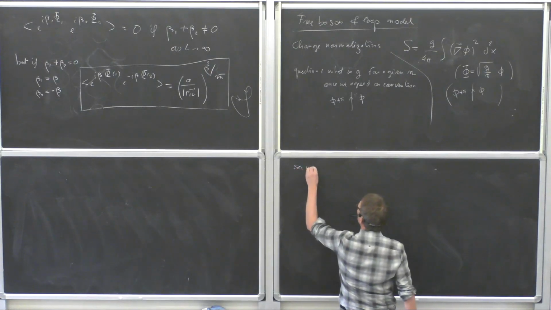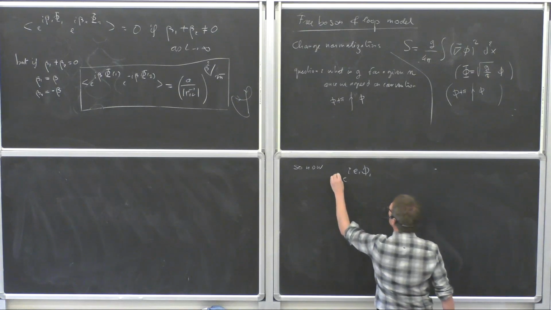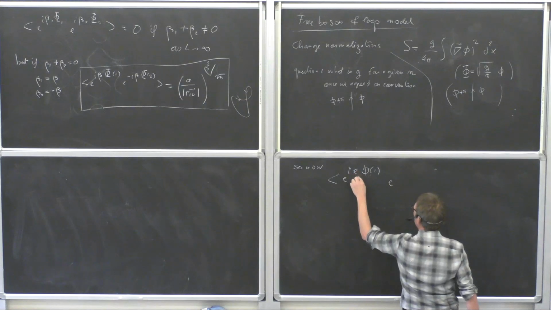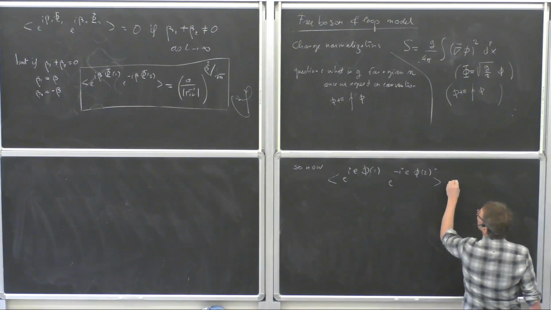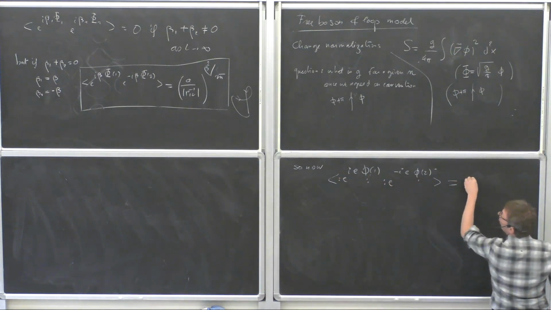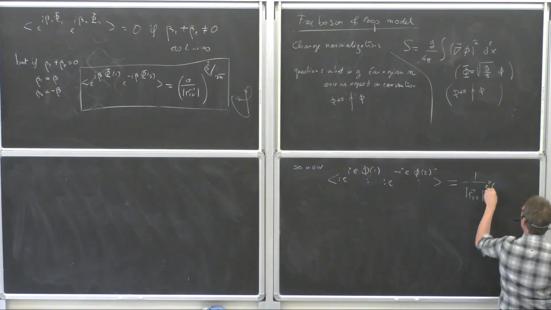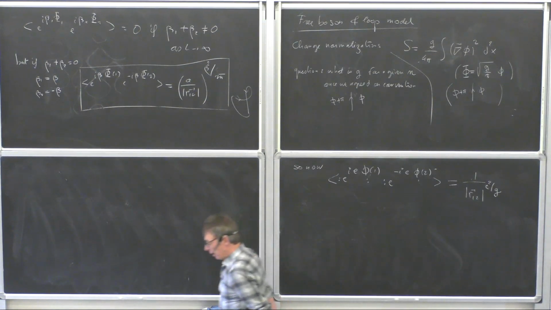So now e to the i e phi of 1, e to the minus i e phi of 2, normal ordered, is 1 over r_{1,2} to the e squared over g. Yes, that must be correct. Okay, so easy translation.